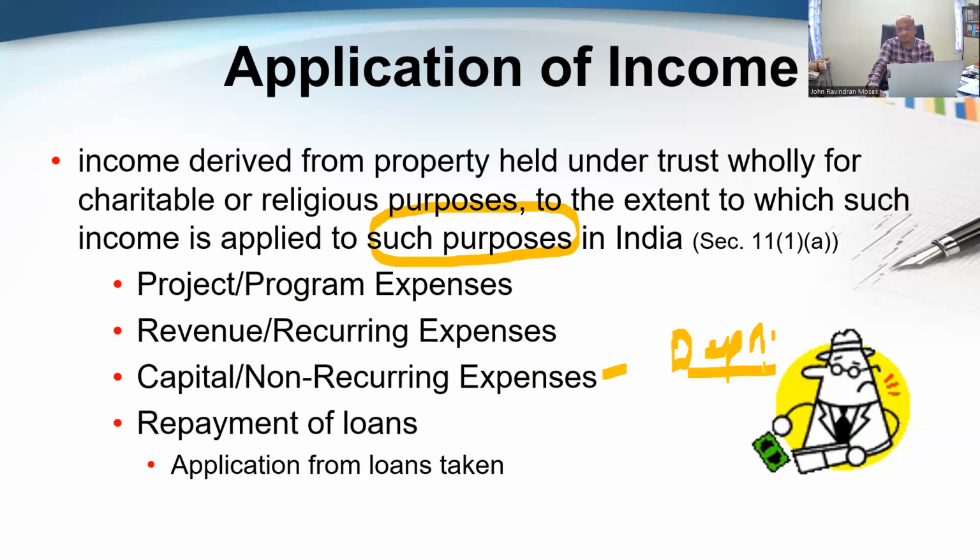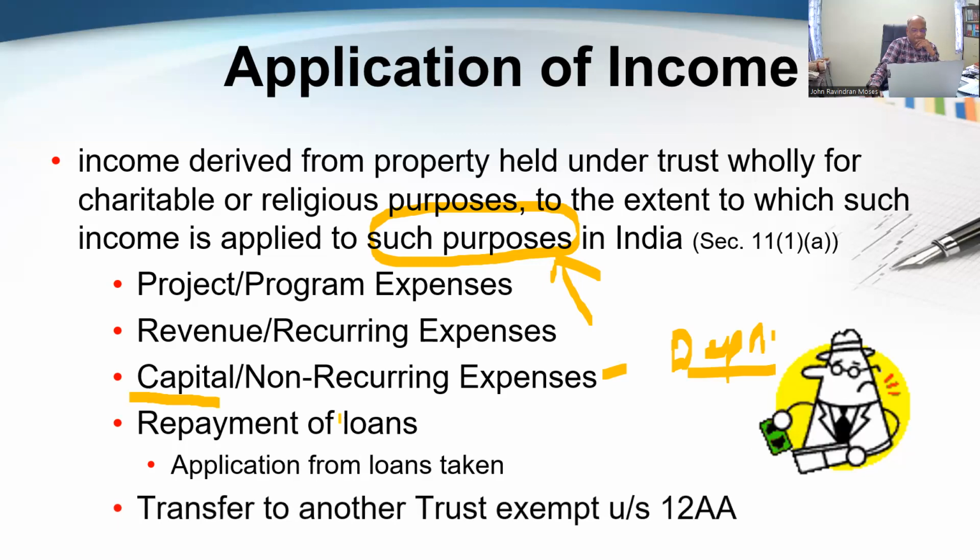You're not eligible for depreciation, because it is a double deduction. The tax law says you can claim capital expenditure as application as long as it is worth achieving the objects of the organization.